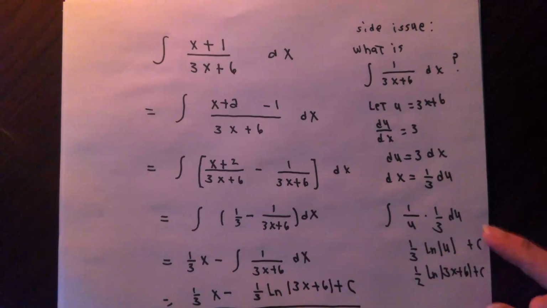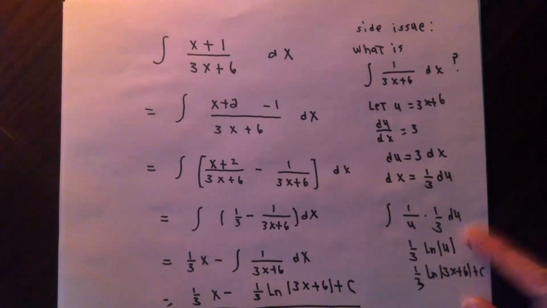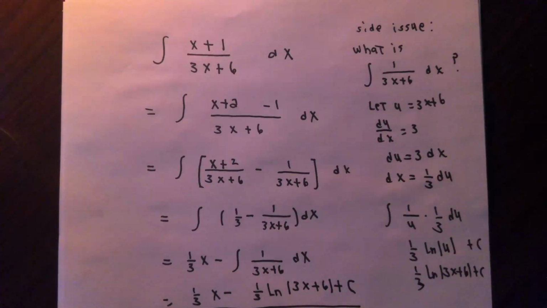My 1/3 here looked a little bit too much like a 1/2. After doing this, we add our constant of integration, and we have our result. So sometimes you can take a problem and algebraically mess with it a little bit and turn it into something that's relatively easy to do.